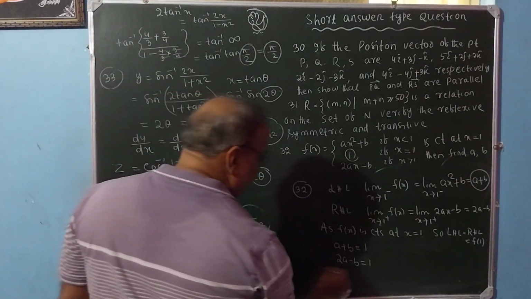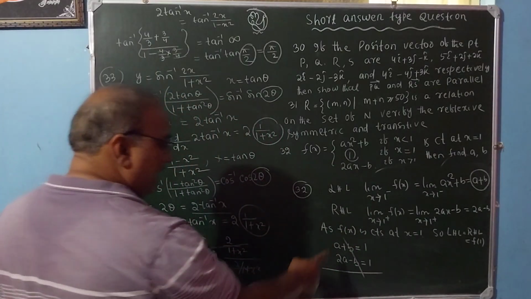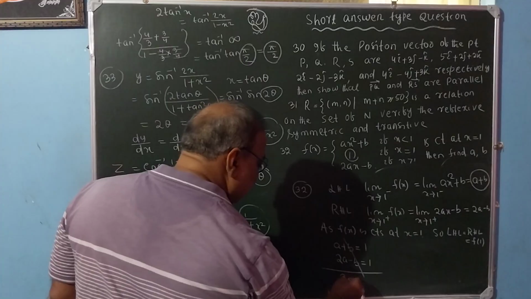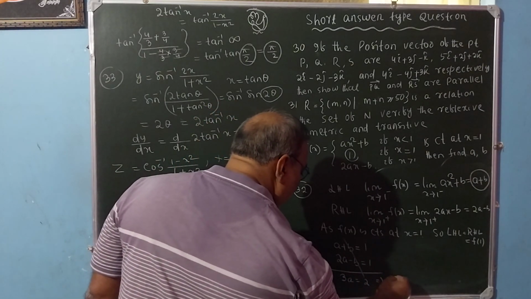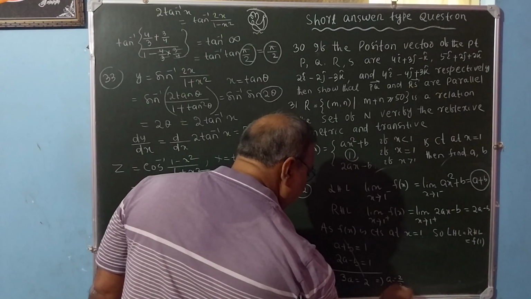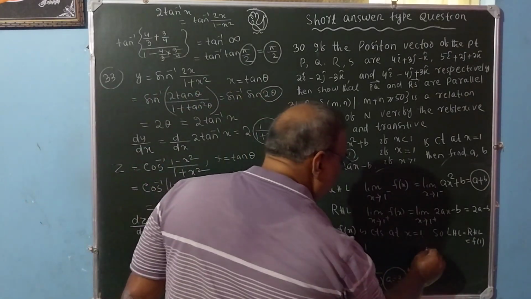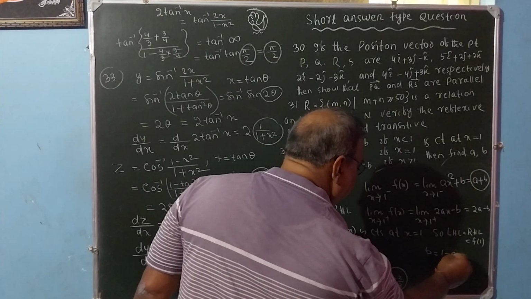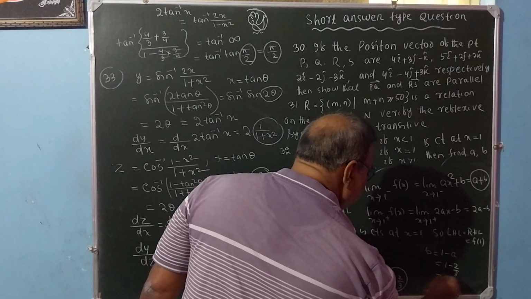Now adding, plus b minus b cancel. A plus 2a, that is 3a is equal to 2. So a is coming out 2 by 3. When a is 2 by 3, b is equal to 1 minus a, 1 minus 2 by 3, that is 1 by 3.